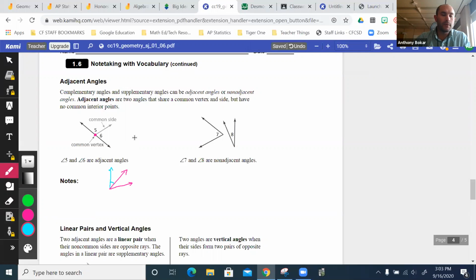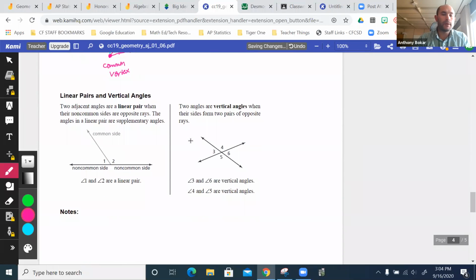This angle in here and this angle right here, these are adjacent angles. This one and this one in here, they're next to each other, okay? Non-adjacent, they don't have a common vertex. So adjacent angles have this common vertex point that they share right here. There's the common vertex.